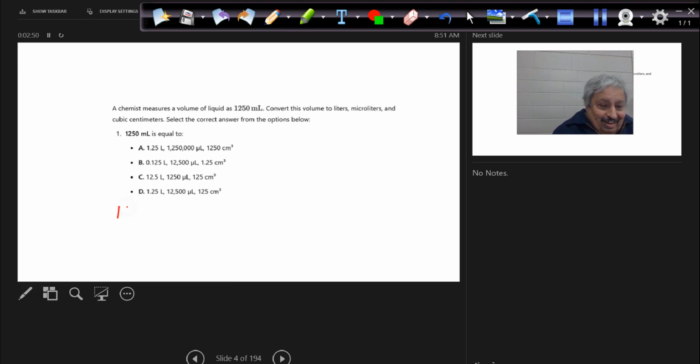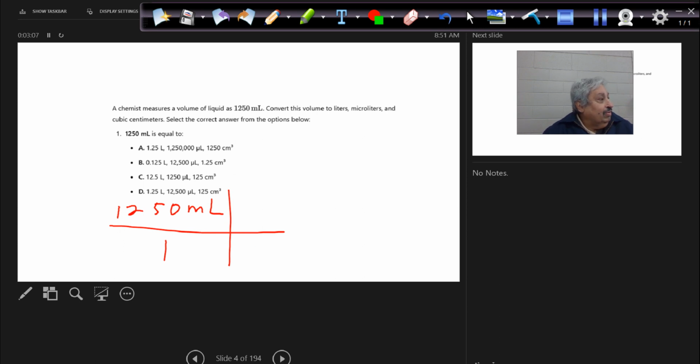So 125 mL. You can do it with brackets or parentheses or a table. I like a table. It's easier. So 125. What should I put in the bottom to cancel? The mL, correct? Then I have to go through the basic unit of volume, the liter. However, this milli is 10 minus 3, correct?